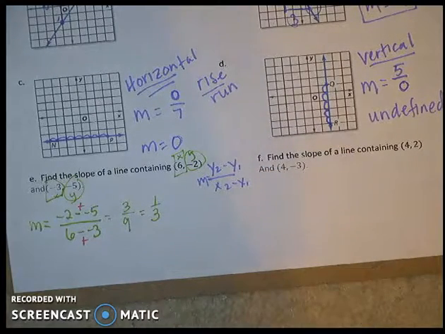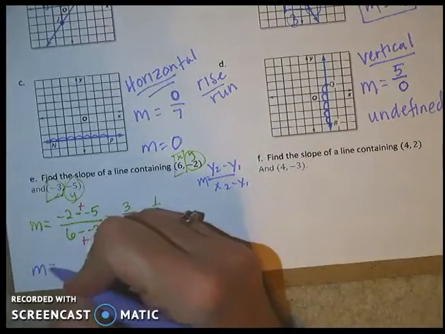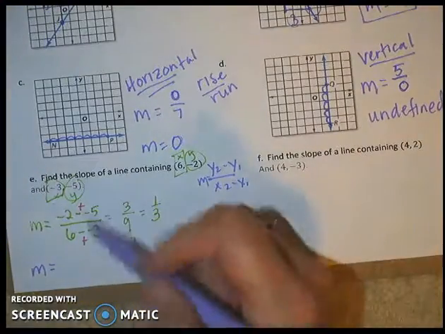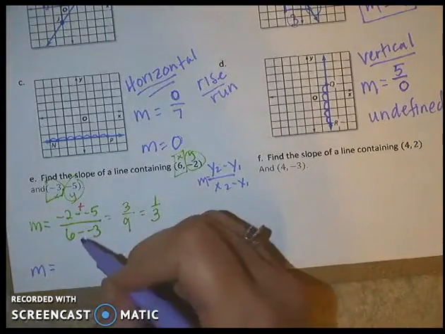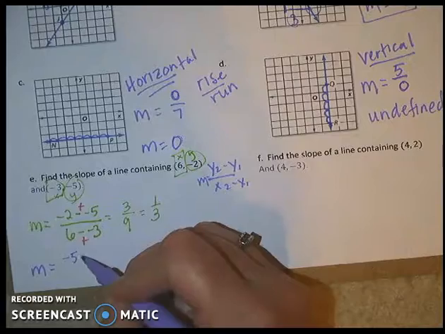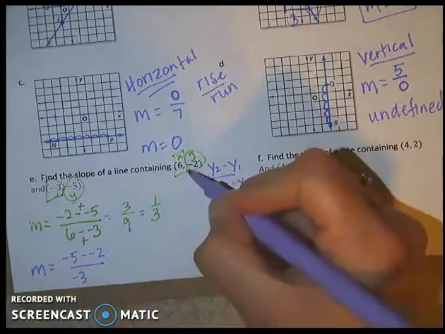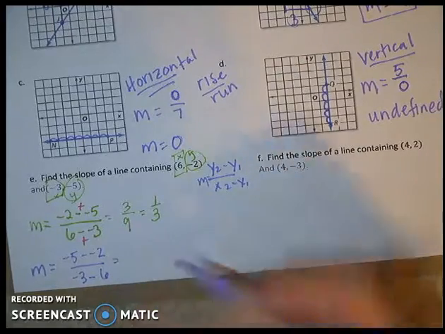Just to show you, if you flip-flopped that and did the points the other way around, and you said, okay, well, Mrs. Ward, it makes more sense to me, my teacher always told me to do this point first. That's fine. Do that point first. So I'm going to start with -5, and I'm going to subtract -2. And then I'm going to start with -3, and I'm going to subtract 6.